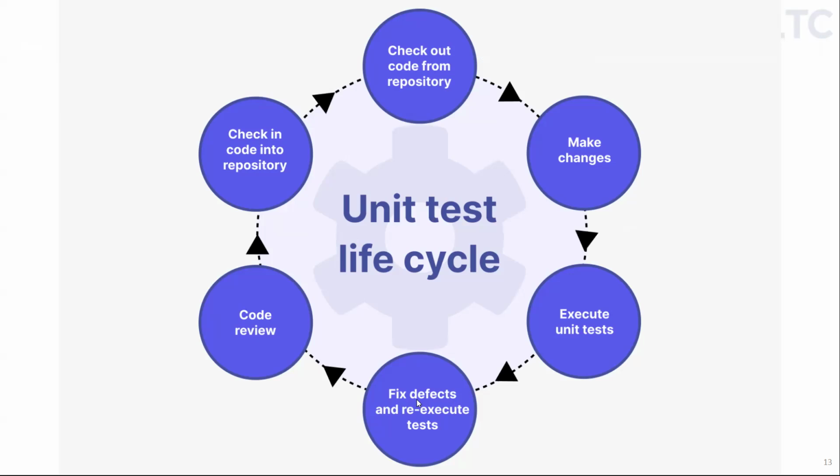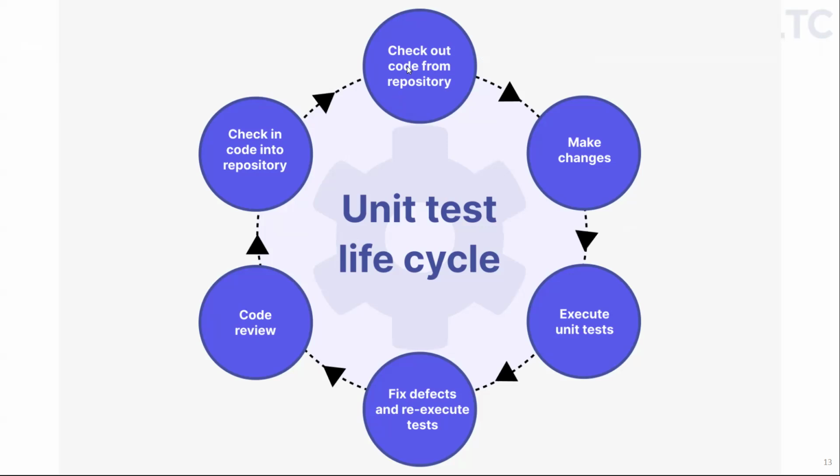And since you changed the code, it has to go to the code reviewer. Somebody has to review the code again, right? Once the reviewer thinks this code is fine, he or she will absorb that into the main branch of the repository. So this is the usual life cycle of unit testing.